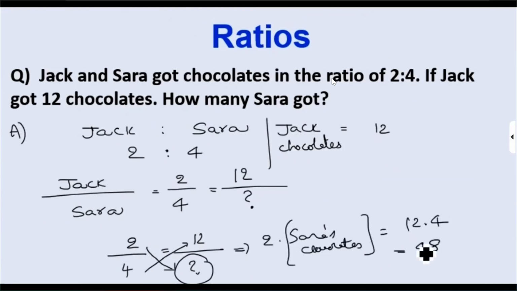So Sarah's chocolates equal 48 by 2, that is 24. Sarah has 24 chocolates, because when we take the 2 from the left side to the right side, it is in multiplication, so on the right side it becomes division. So Sarah's chocolates equal 48 divided by 2, which is 24.